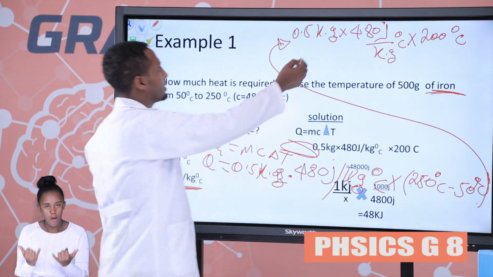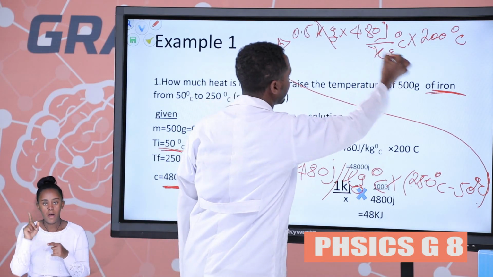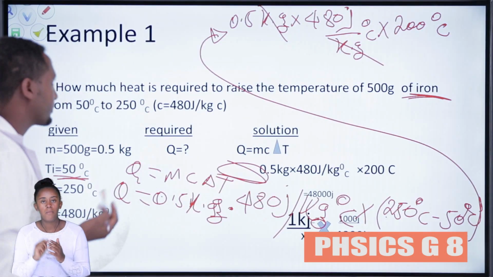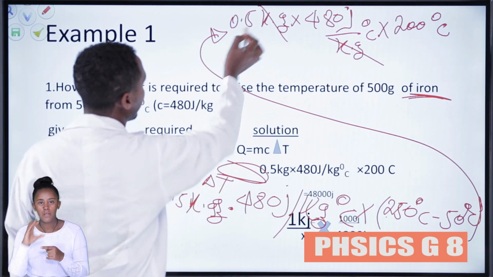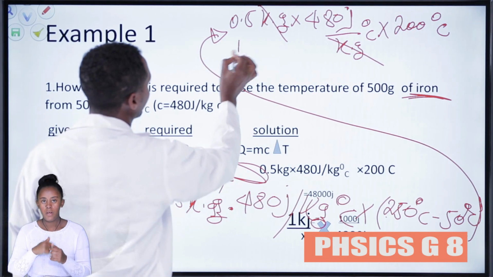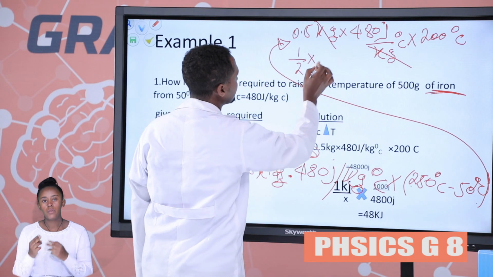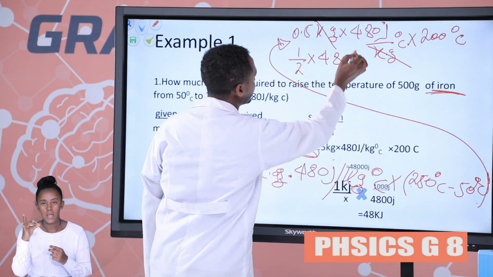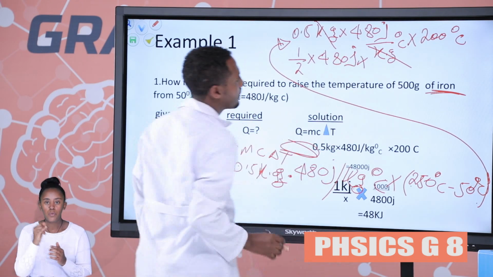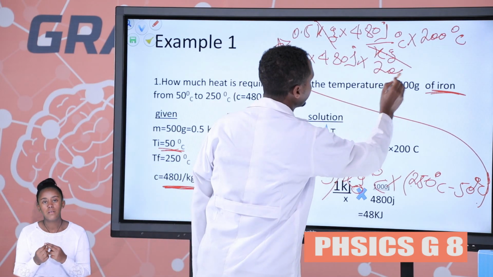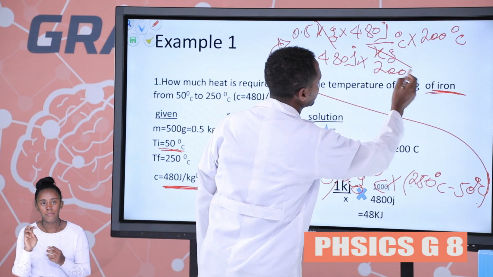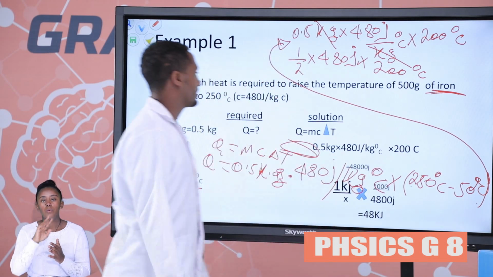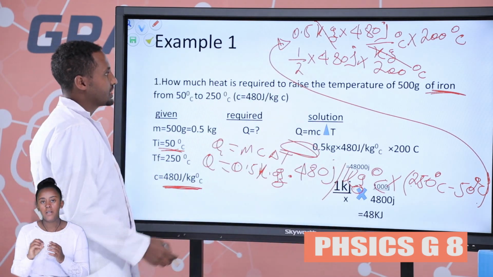Now kilogram cancels by kilogram. 0.5 we can write as 1 over 2, times 480 joule times 200 degree Celsius.